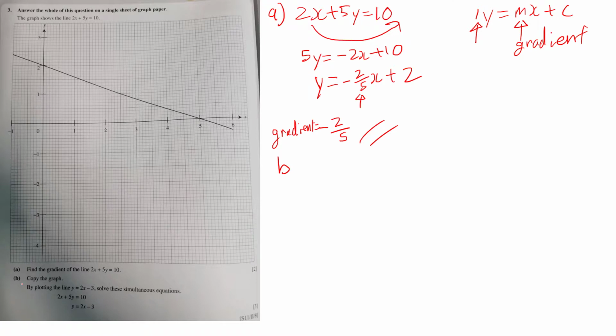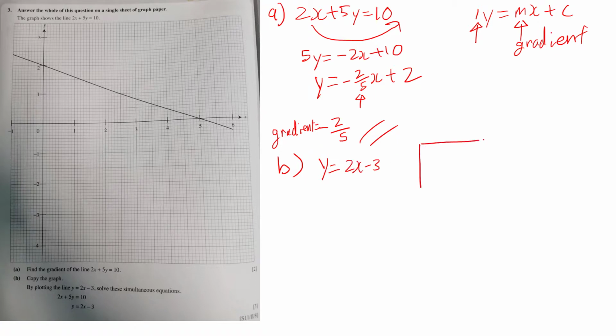Okay, B. Copy the graph by plotting the line y is equal to 2x minus 3 and solve the simultaneous equation. So again, we need to draw a straight line. And like I said, I like to use the smallest number, largest number, and 0. So let us do this. I need to draw the line y is equal to 2x minus 3.